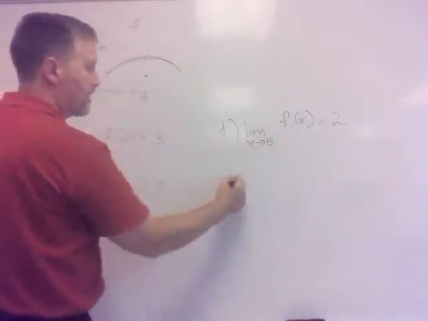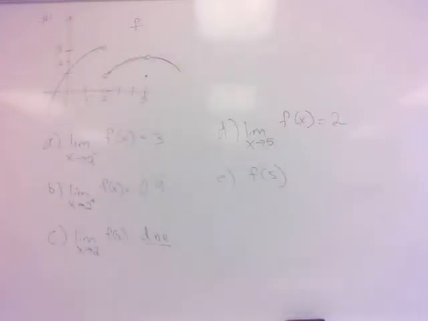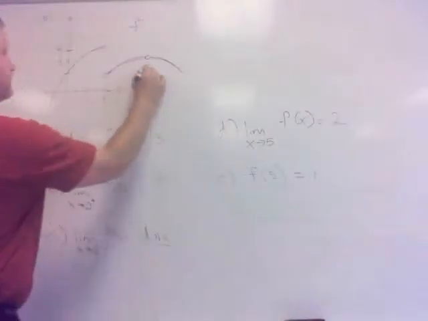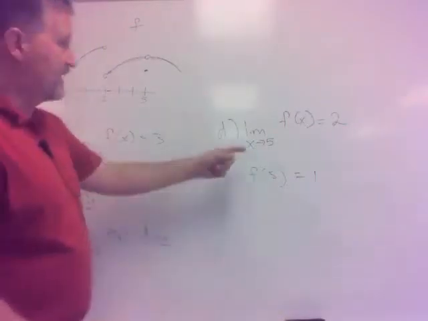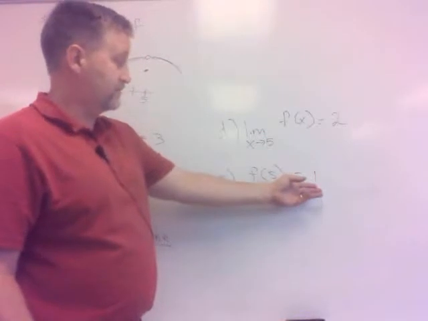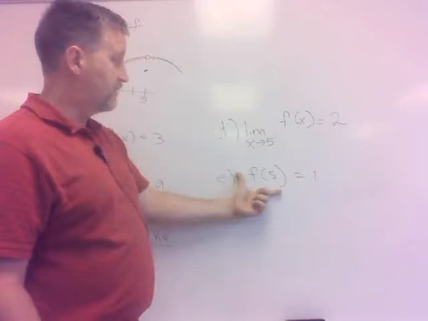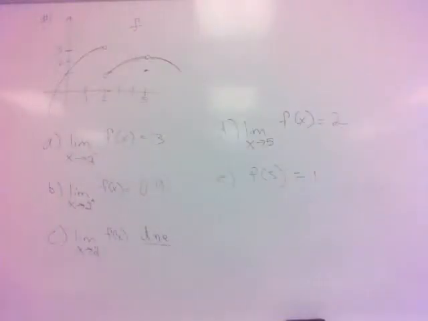Now, note, is f of 5 also 2? No. f of 5 is 1. It's a little bit low here, but it's supposed to be 1. The function value is 1, but for the limit, that doesn't make a bit of difference. It's what happens as you approach 5. The actual value at 5 is of no matter.